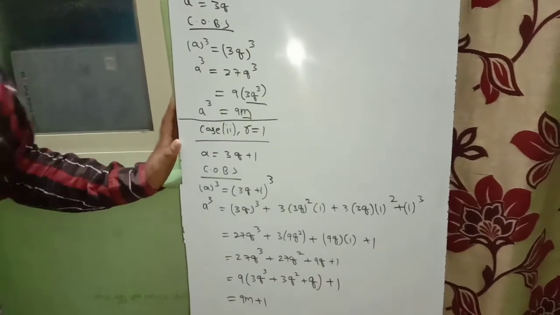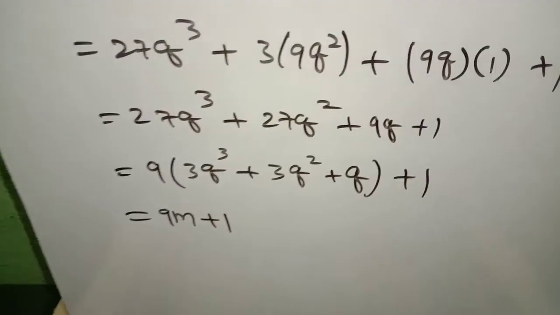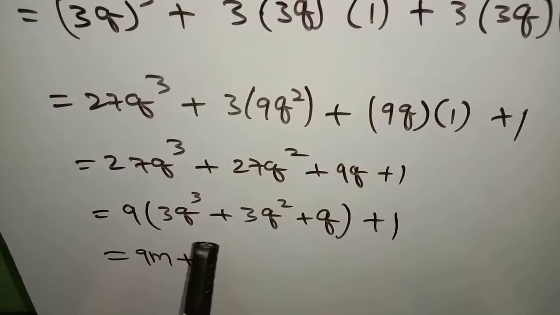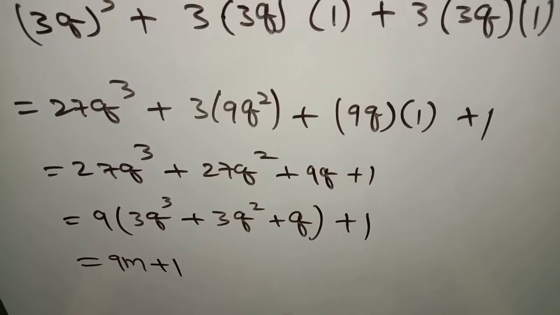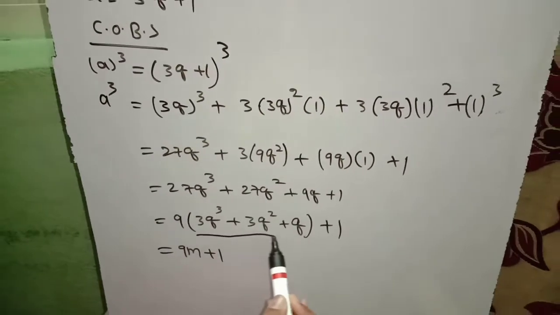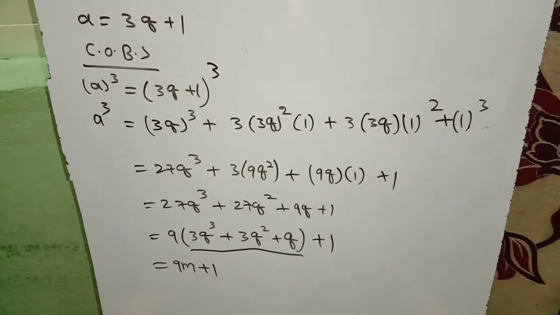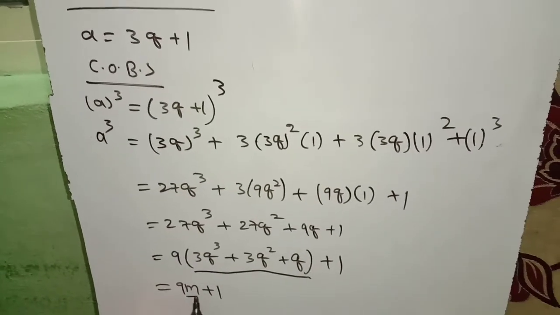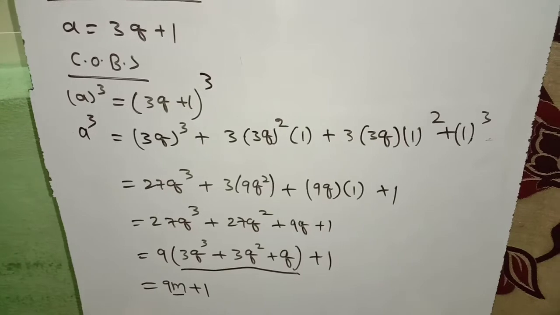Again we have to take 9 as common. By taking 9 as common, we get 9 of 3q cube plus 3q square plus q, plus 1. Now we take 3q cube plus 3q square plus q as m. So now it becomes 9m plus 1.